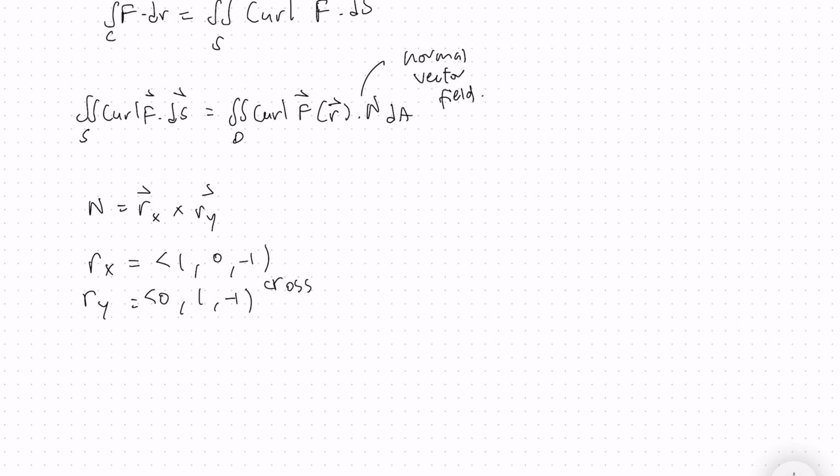Together we get that our vector field nu, this Greek letter nu, is 1, 1, 1. So there's our nu, and with our curl of F, let's dot them and then integrate over this domain.